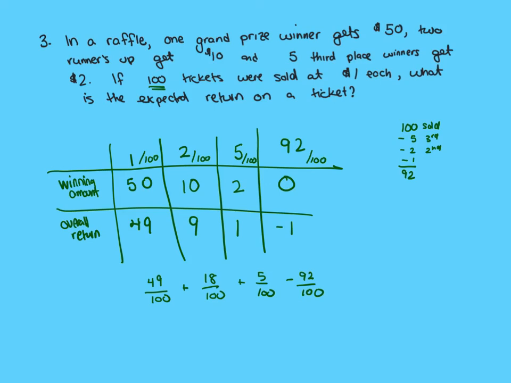So I do 49 plus 18 plus 5 minus 92. So I get negative 20 out of 100. So negative 0.20. So we expect to lose 20 cents if we join this raffle.